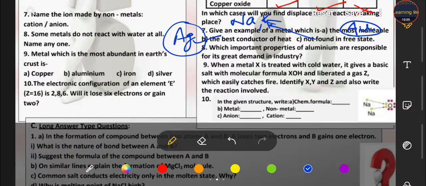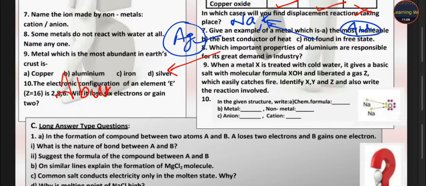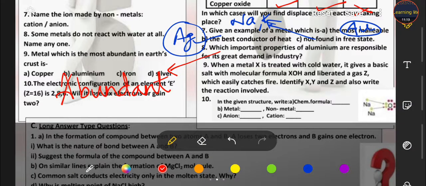Okay. 8th question: which important property of aluminium is responsible for its great demand in industry? Why is aluminium in very high demand in industry? Because it is very abundant. It is found in a very large amount on our earth.